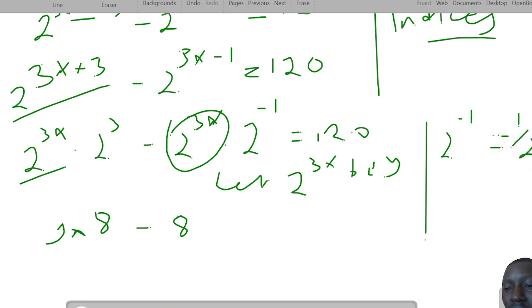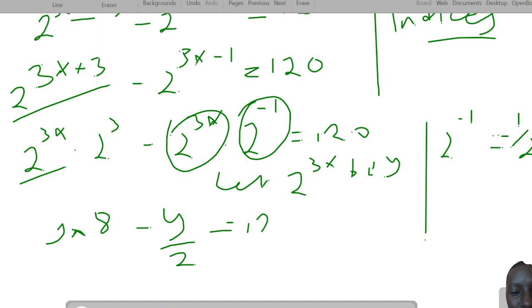So from there, we should be able to have y times 8, then minus y times 1 over 2, then that should be equals to 120.